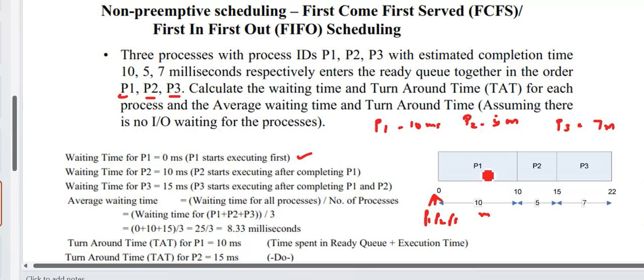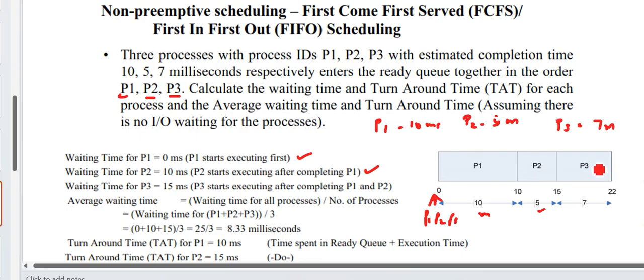The scheduler will schedule so that P2 cannot start until P1 completes its job. So it should wait 10 milliseconds, and only then will the scheduler allocate the resources to P2. So the waiting time for P2 is 10 milliseconds.